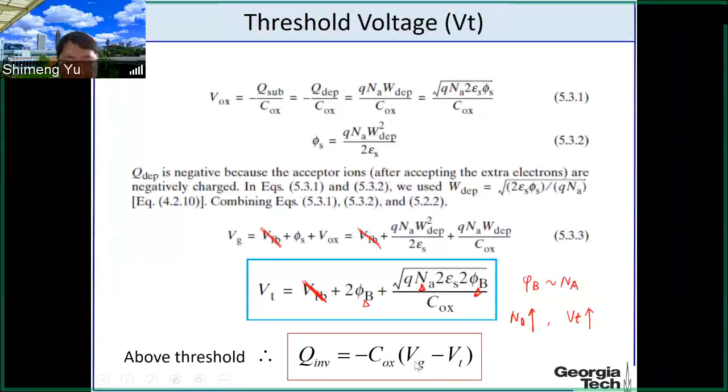But this gate voltage needs to overcome the threshold voltage to make the inversion. So you need to pay additional voltage. So that's why it's Vg minus Vt. Because at the threshold voltage, the Q inversion is almost 0.